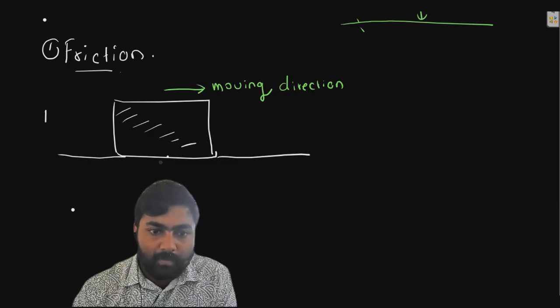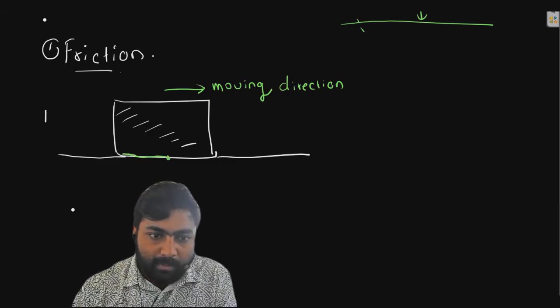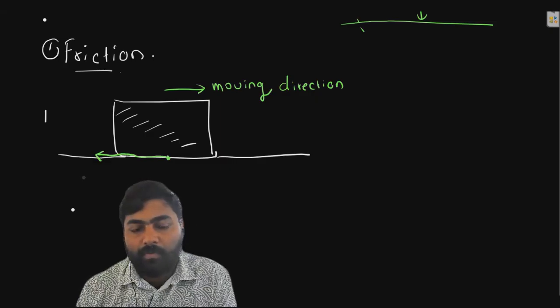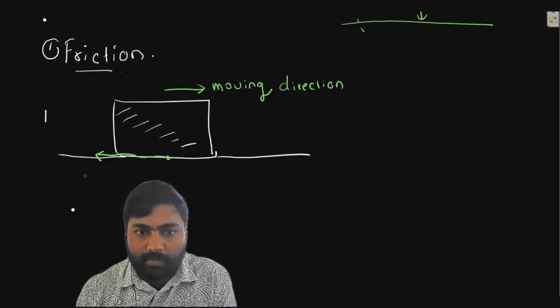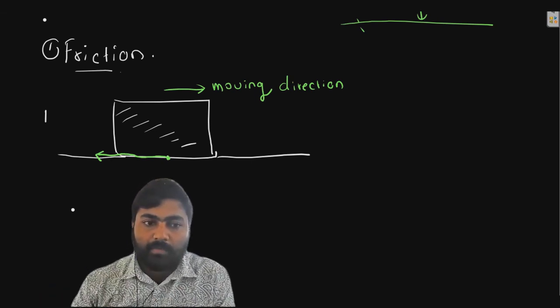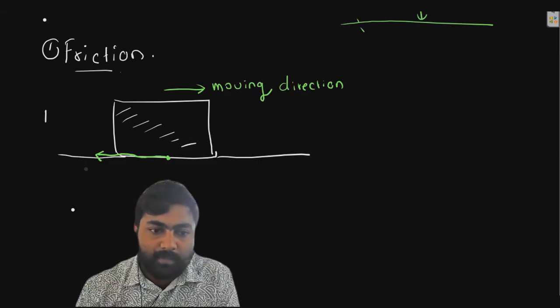Remember, always friction is generated from the interface of two surfaces. Interface means the middle of two surfaces. Here is the friction.